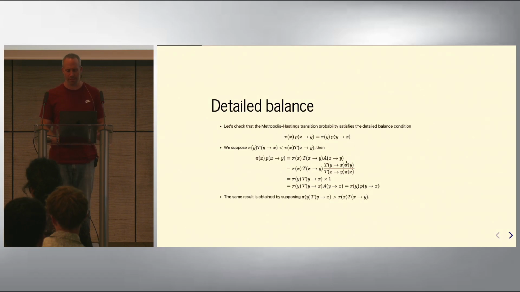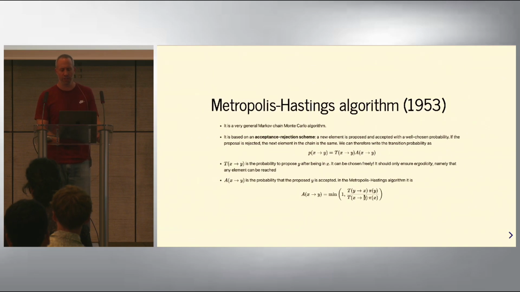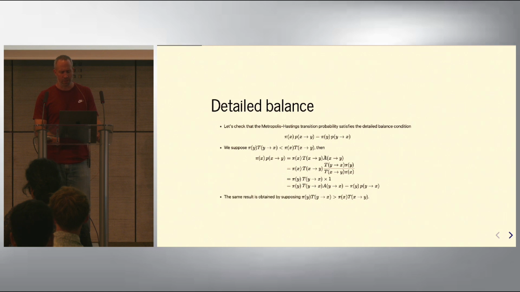So now I'll make the assumption that the numerator is smaller than the denominator. In that case, the minimum is that ratio. So this acceptance rate is this ratio here. You see many things simplified. This probability here cancels with this, cancels with this. I'm just left with probability distribution Y times this transition here, okay?